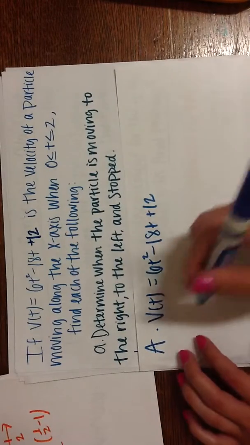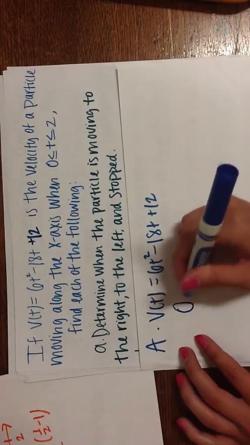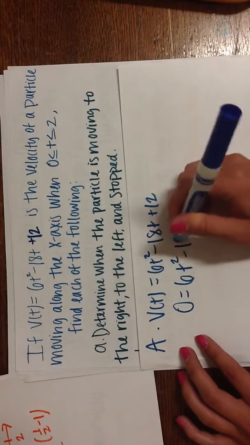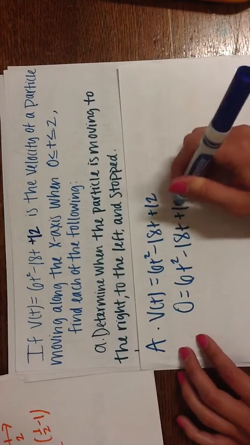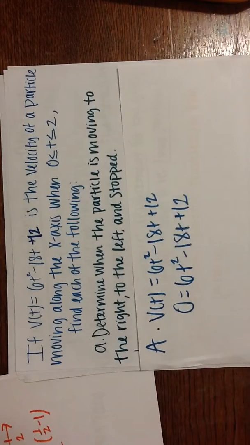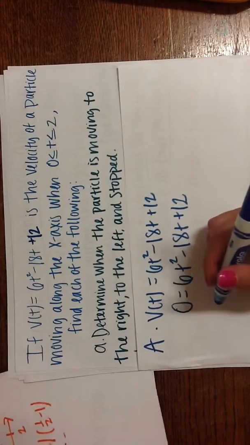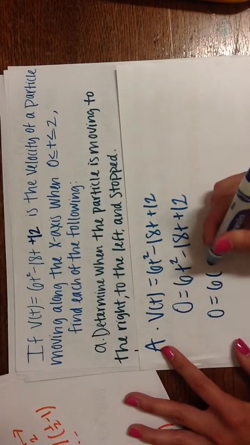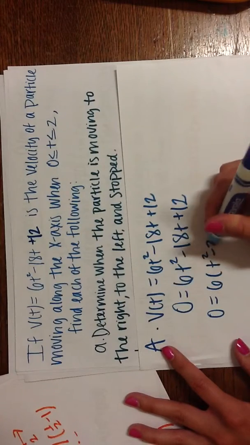To do so, we would set 0 equal to v of t, because when the velocity is 0, the particle will not be moving. So we are going to solve. We're just going to use simple factoring here.